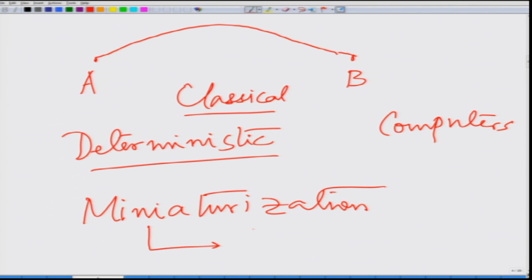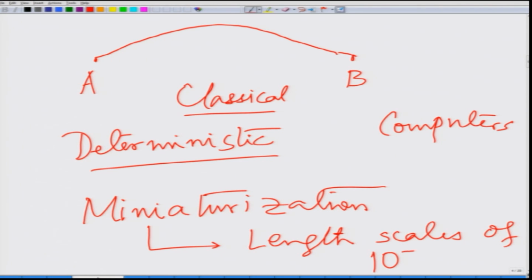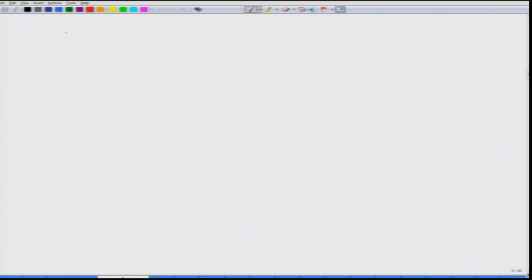So, in this miniaturization, when we talk about length scales in nanometers, 10 to the power minus 9 meter, we are getting to a point where we are questioning the validity of classical principles.